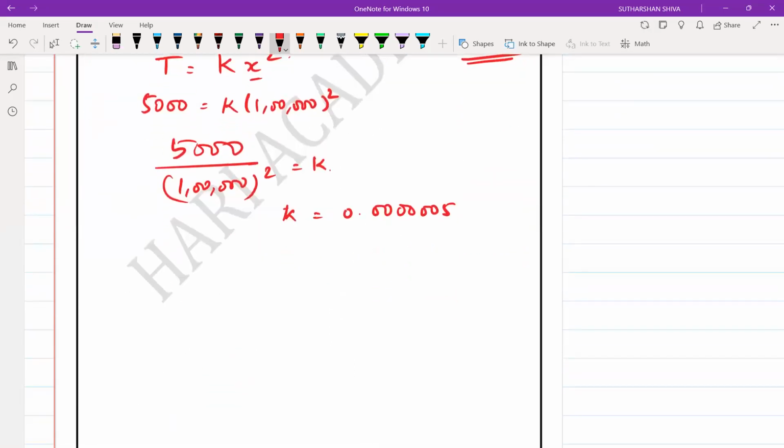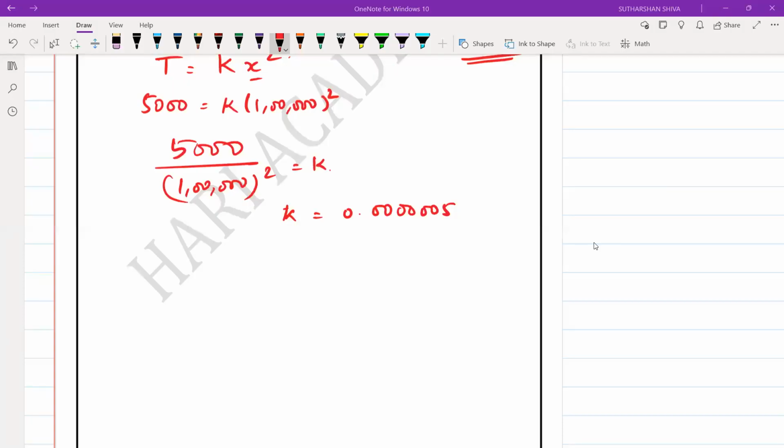So take a calculator. Now you substitute it. Here x square, now you need to take the difference between 5 lakh and 8 lakh.